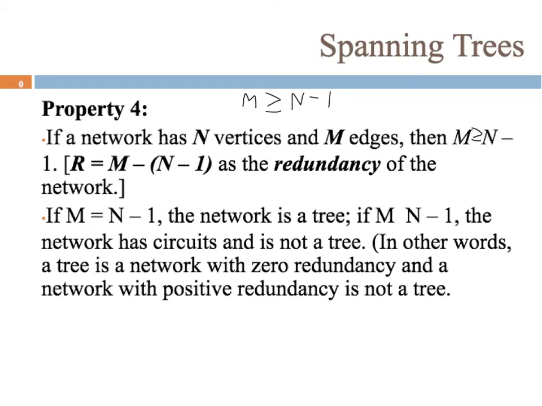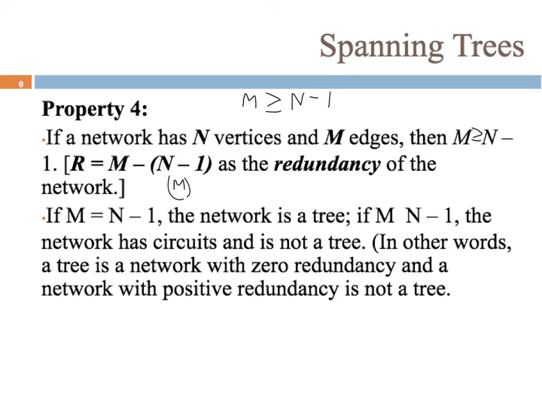We're just going to create two cases for us in just a second. The redundancy of the network is going to come from m. It's kind of like saying, if we were to put an m right here, instead of m, we're going to say n minus 1. So two cases: if m equals n minus 1, then the network is a tree.